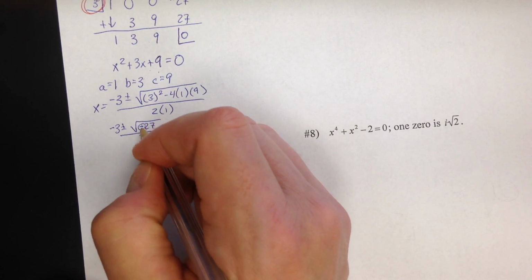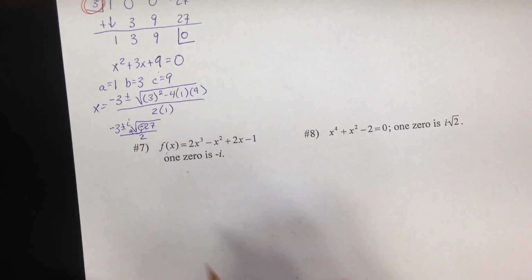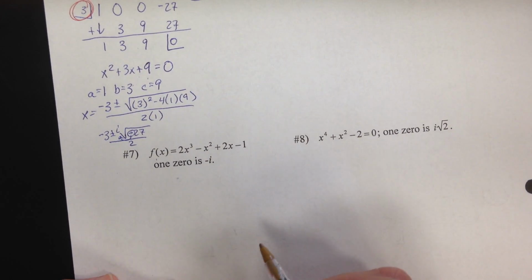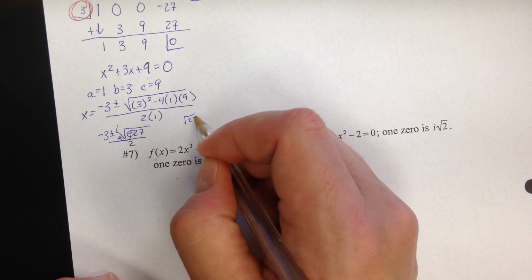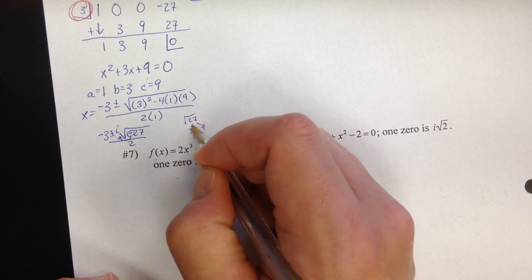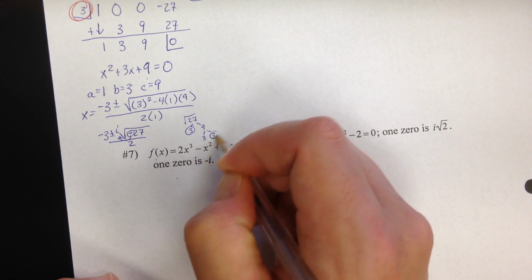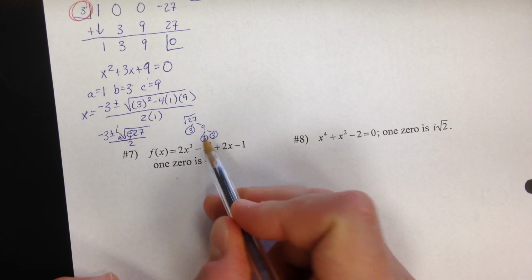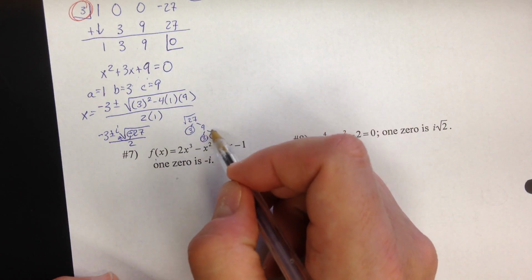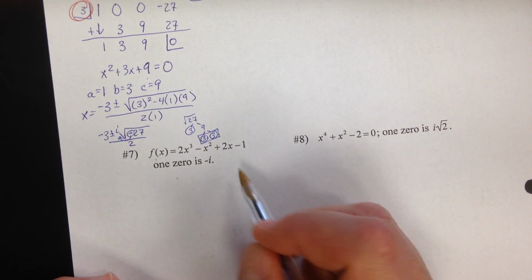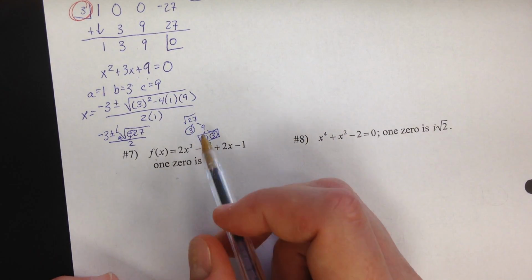Pull out the i. Now the square root of 27, you can actually break that down and simplify. That's 3 times 9, 3 times 3. So we have a pair of 3's. So we pull out the pair of 3's, and we'll still have one 3 left over.